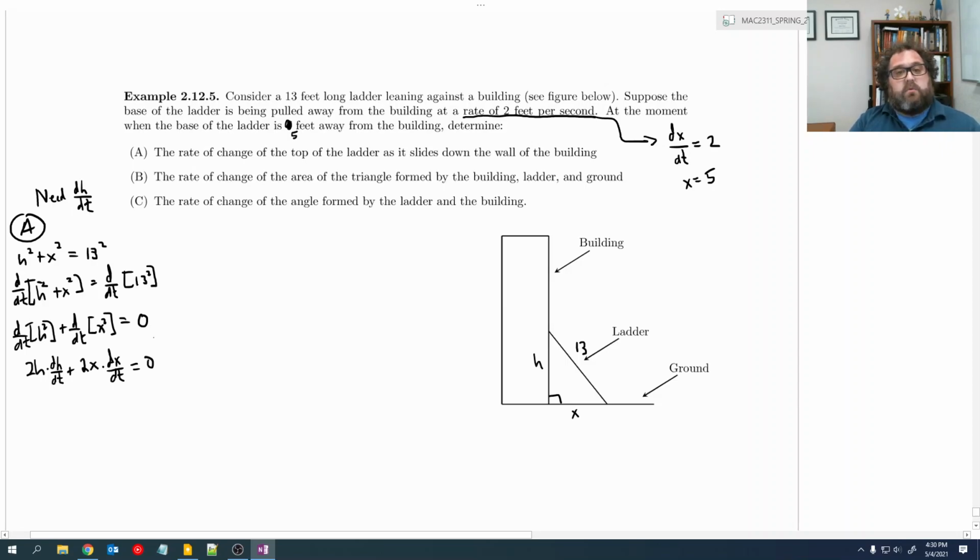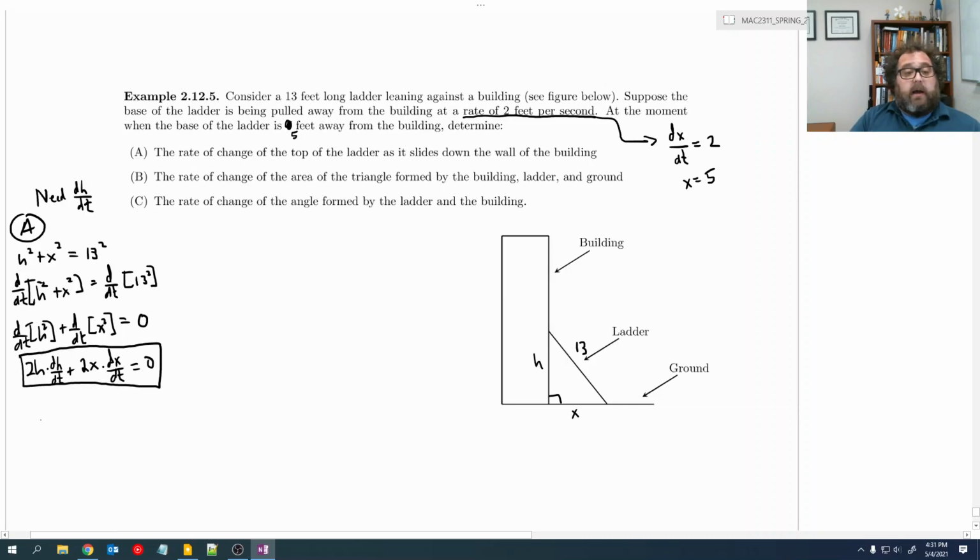We're using the chain rule when we have that variable mismatch. Now, this is our related rates equation. We can go ahead and plug in what we know and solve for what we don't know.